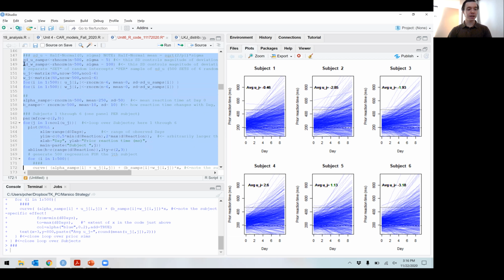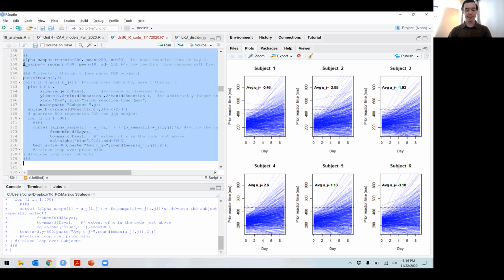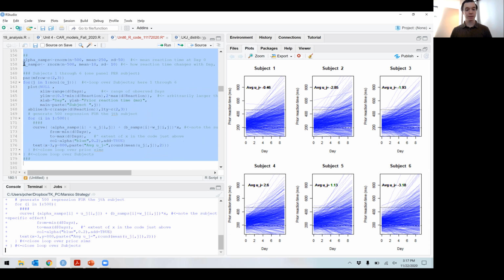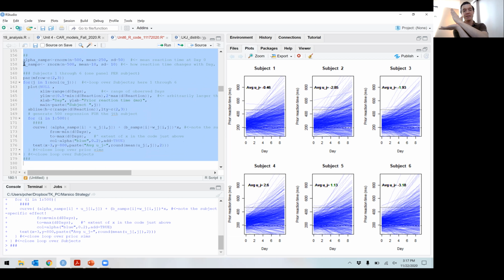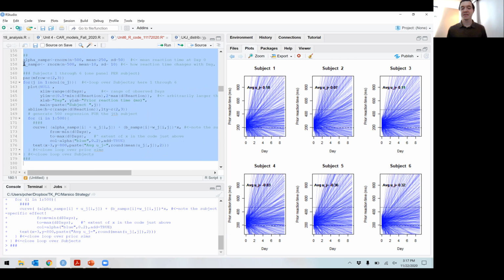And as this runs, think about what the slopes being super different, but the intercepts being very similar looks like. It's going to fan out in just a second. There it is. All right.